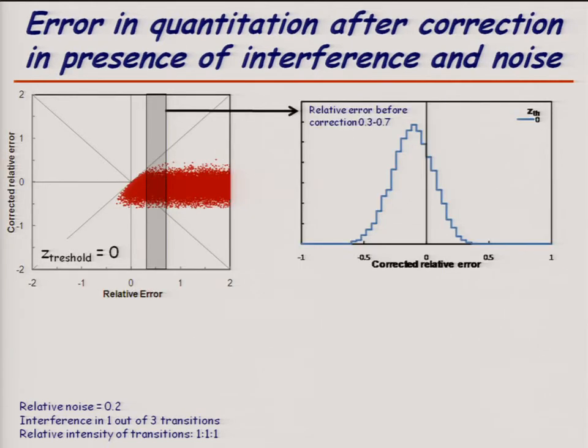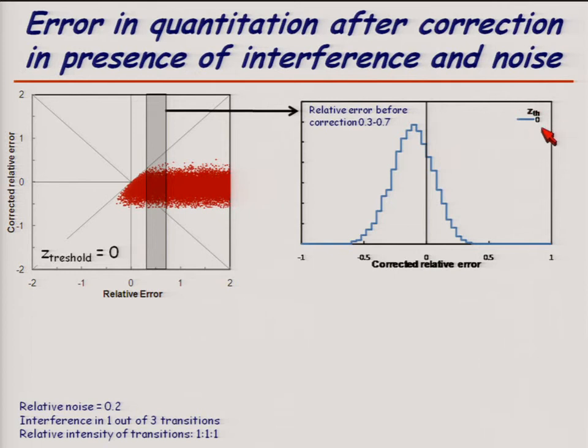So if we look a little bit more in detail at what happens, for a threshold of 0, we cut out this box here and only look at these values. This axis here goes through this and integrates over the grayed area.